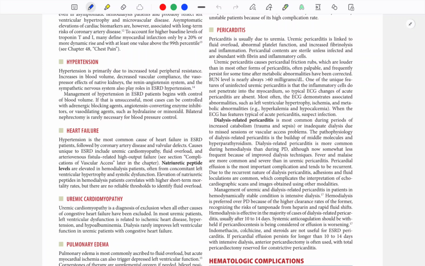What is aneurysm and what is pseudoaneurysm? So aneurysm is dilatation of the artery. In the true aneurysm, all three layers, intima, media, externa, will be involved in dilation.